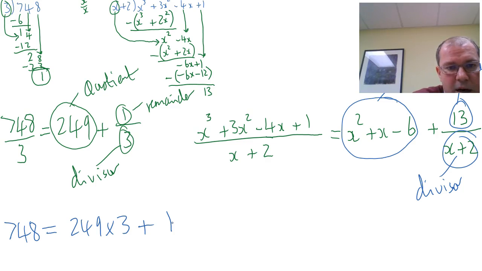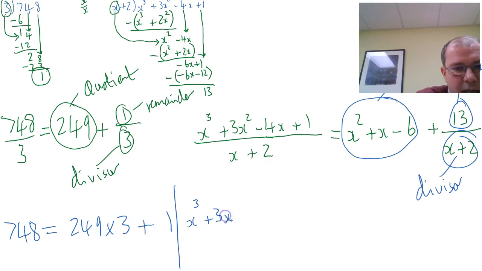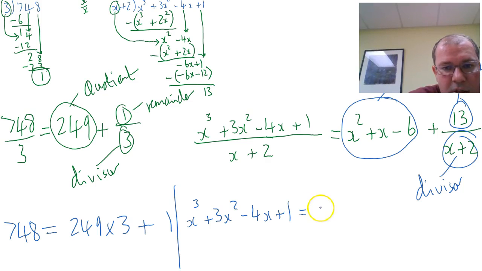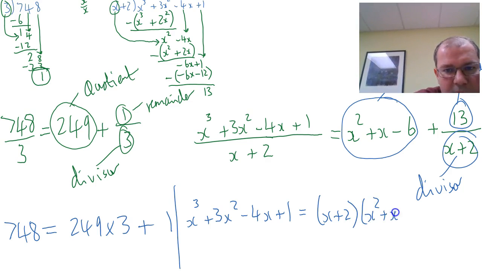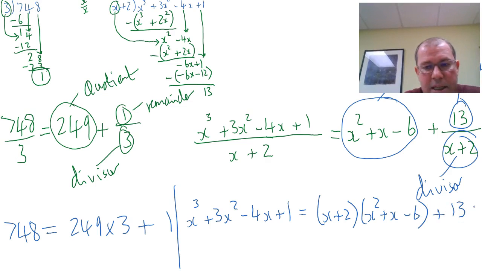So we can rewrite this equation as the original polynomial x cubed plus 3x squared minus 4x plus 1, I've multiplied both sides by x plus 2, equals the divisor x plus 2 multiplied by the quotient x squared plus x minus 6, and then plus the remainder, which in this case is 13.